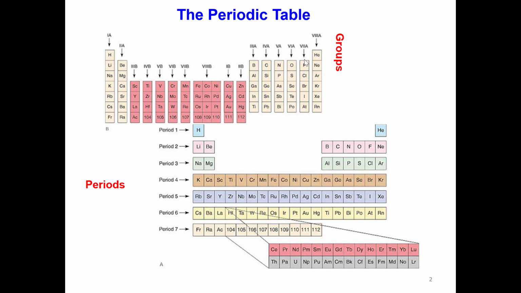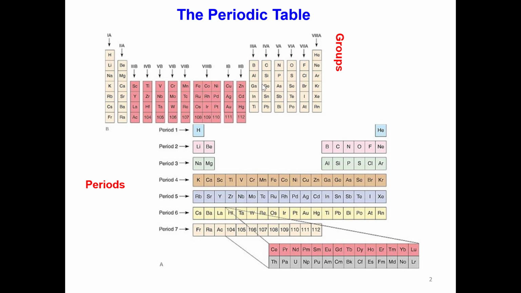For example, in 7A, all the elements in this group have 7 electrons in the outermost shell. So we can conclude the Roman number along with the letter A corresponds to the number of electrons in the outermost shell for each of the elements in the respective column.